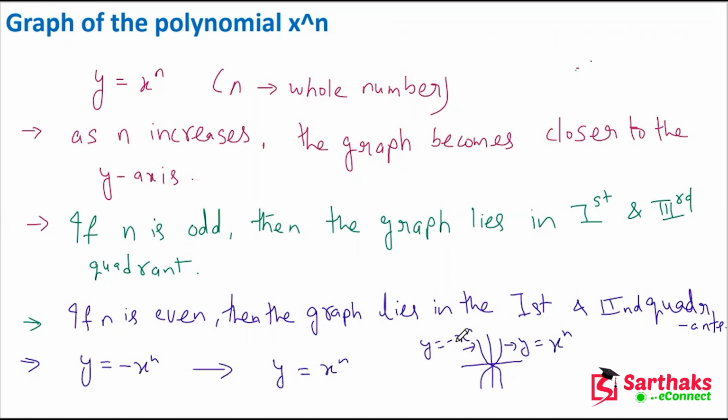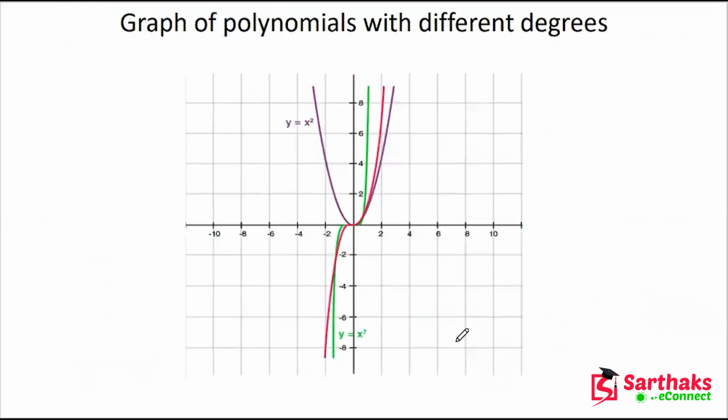Now, the graph of polynomials with different degrees. Here we can see that as the value of n increases, the graph goes closer to the y-axis.